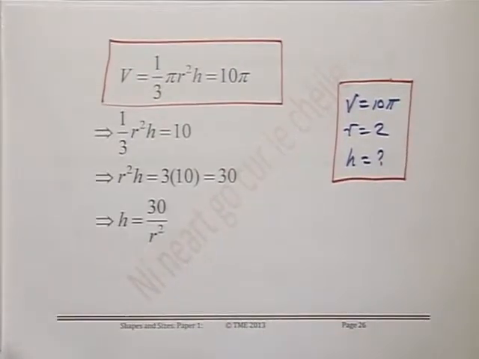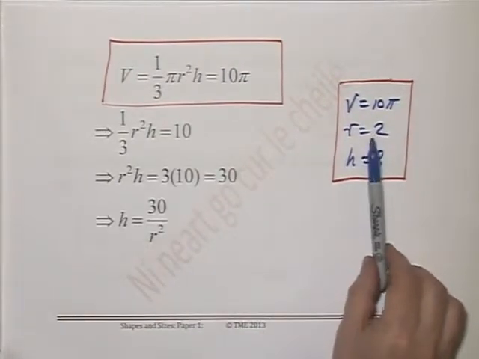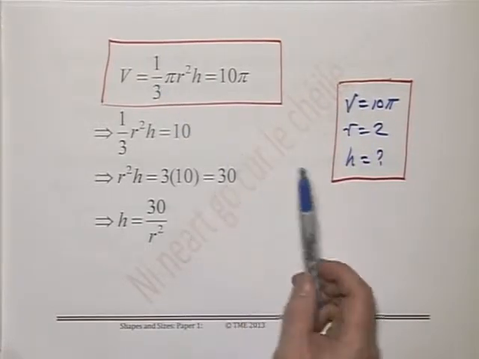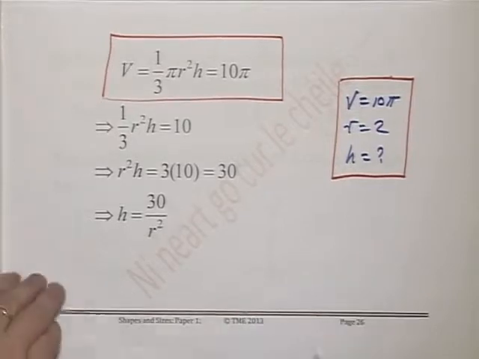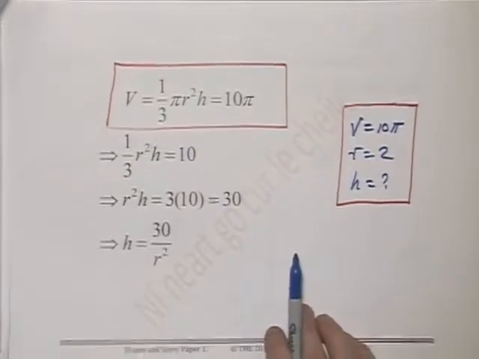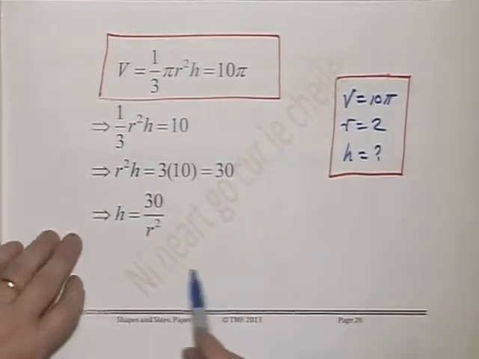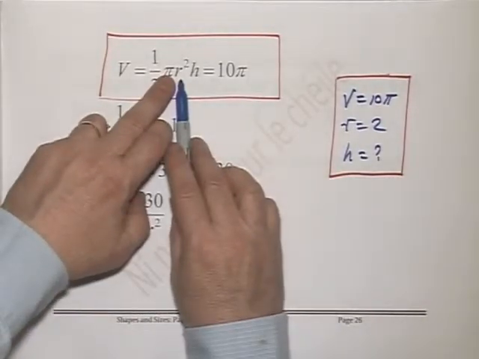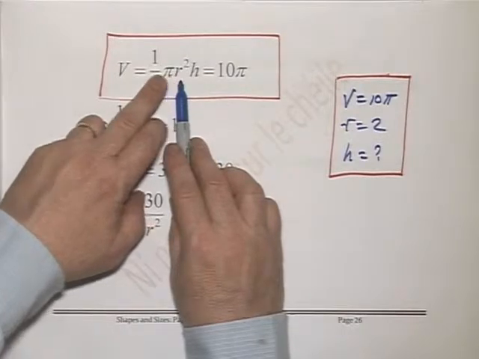Okay. So if I know that r is 2, with this table I can go back and plug it in here. I'll start here with the 1 over 3 pi r squared. I could decide to put in the value of r first, or do that, or whatever.